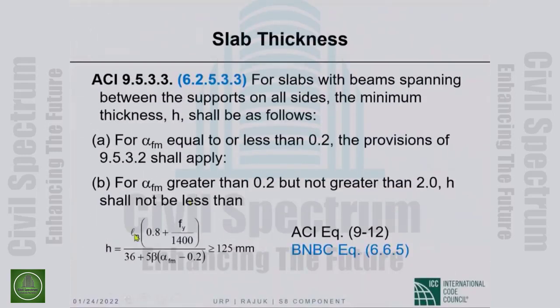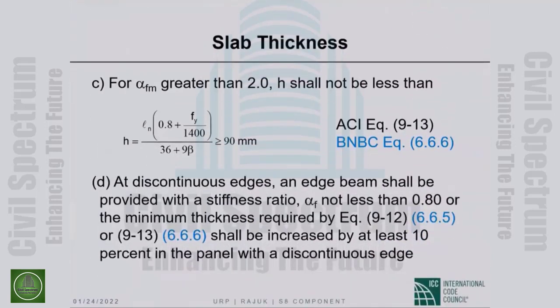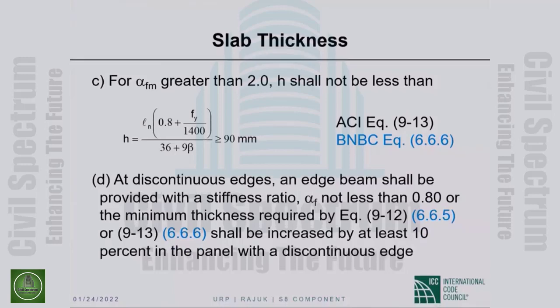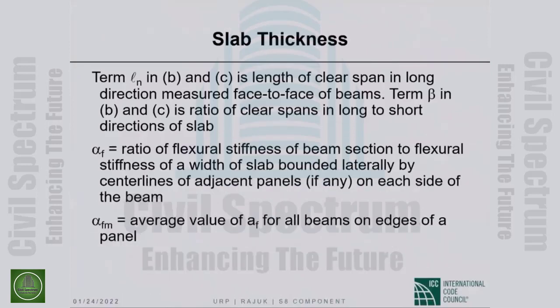Okay, so when we have this panel supported by beams of moderate stiffness at discontinuous edges, edge beam shall be provided. Discontinuous edges of the slab, beam shall be provided with a stiffness ratio not less than 0.8, or minimum thickness required by that equation shall be increased 10%.